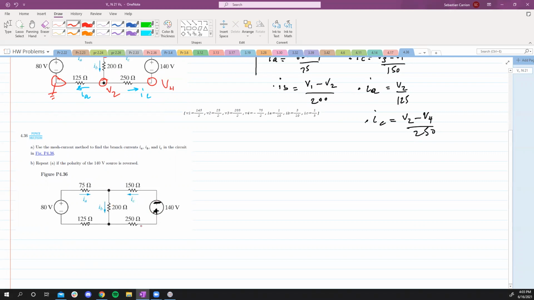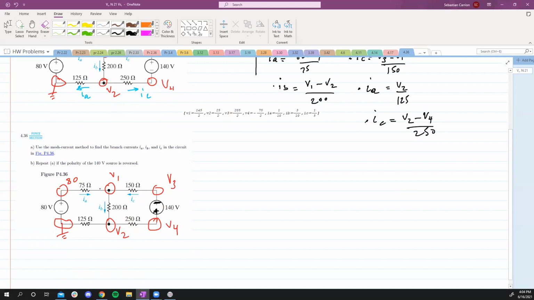Anyways, let's get to the circuit analysis. Make this my ground node again. You have 80 here, V1, V2, V3, and V4. I'm going to label it the same way as the one above, so no confusion.